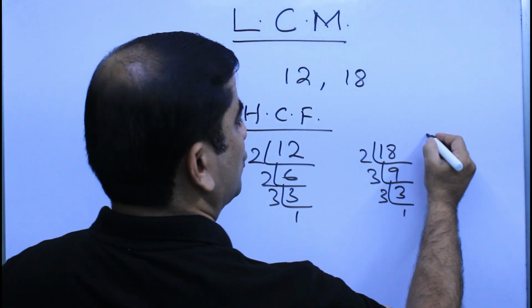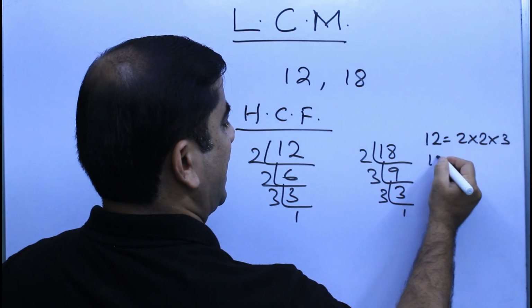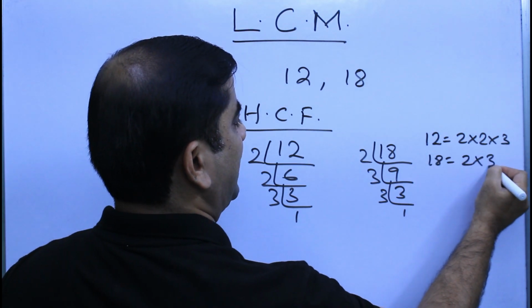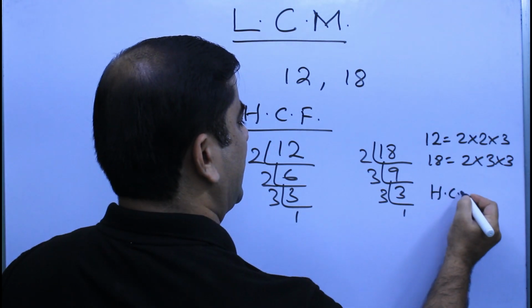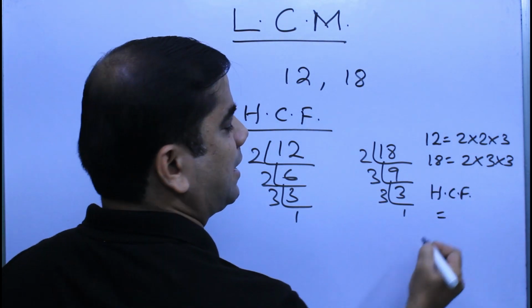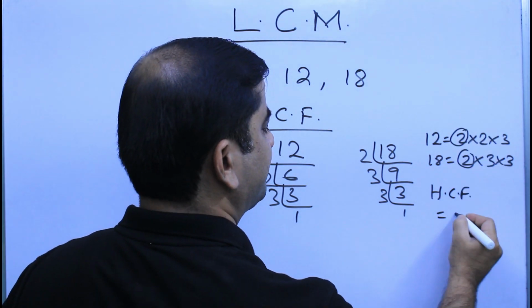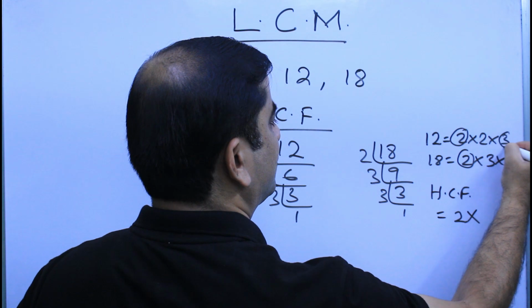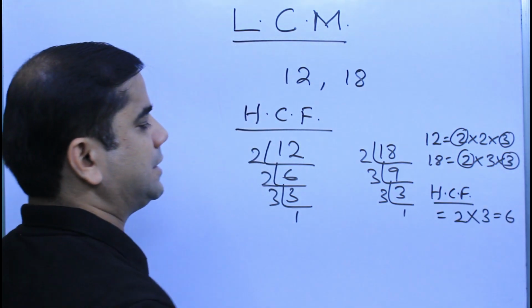So 12 is equal to 2 into 2 into 3, 18 is equal to 2 into 3 into 3. Now for HCF, we need to find out the common factors and multiply them. So which all are the common factors? 2 into 3, that is 6. So HCF is equal to 6.